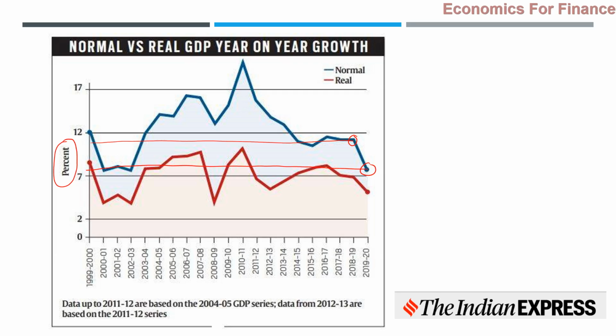We can say GDP reduced only when this goes below zero, that means negative growth. But so far it is not the case. Maybe in 2020-21 it might happen because of COVID and related economic turmoil. But earlier GDP was increasing only. It was a positive growth rate only.